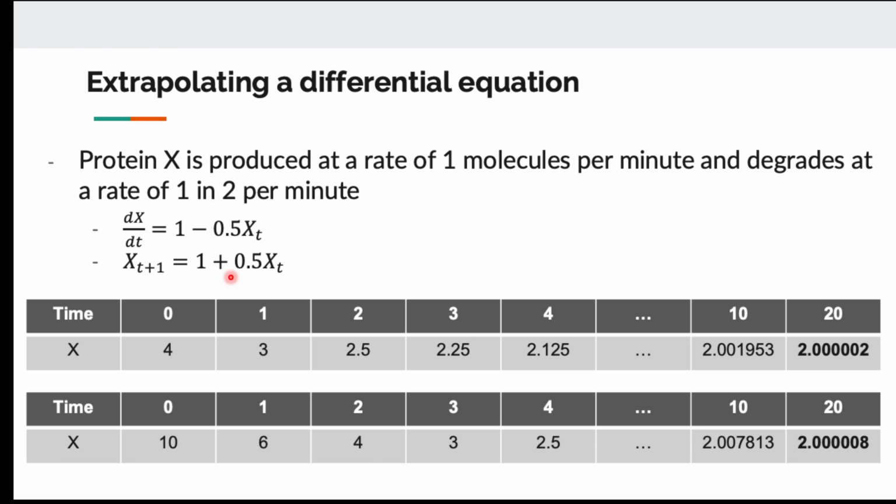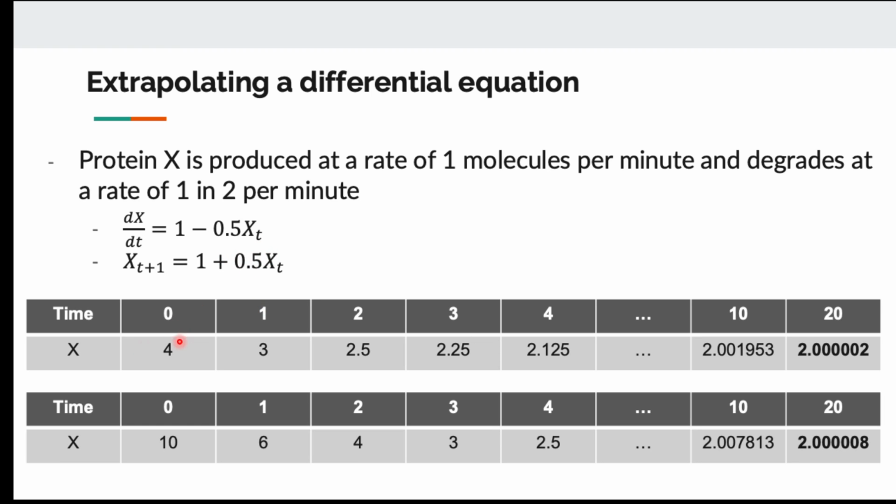So we have this equation. We will not worry about solving this the calculus way. We're just going to try to do this manually, maybe in Excel or on paper. So let's say we start with 4 molecules of protein at the start. So after 1 minute has passed, we got a production of 1, so it's going to be 4 plus 1.